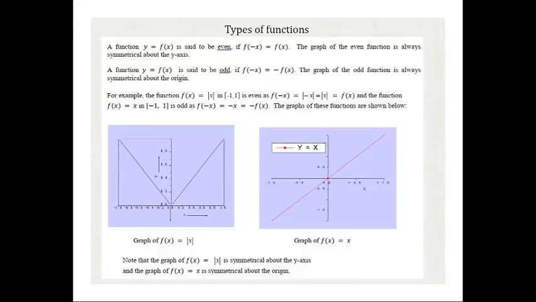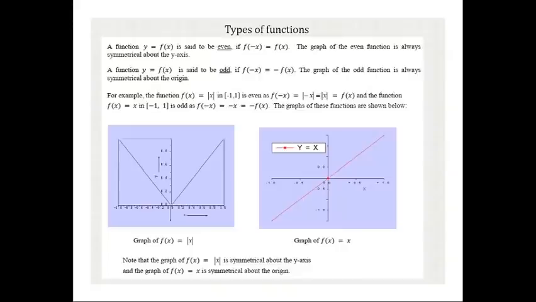To say that the function is even, it has to satisfy the condition f of minus x equal to f of x. That means, given a function f of x, if I replace x by minus x, then it should give the same value. Both elements x and minus x should be mapped to the same one.